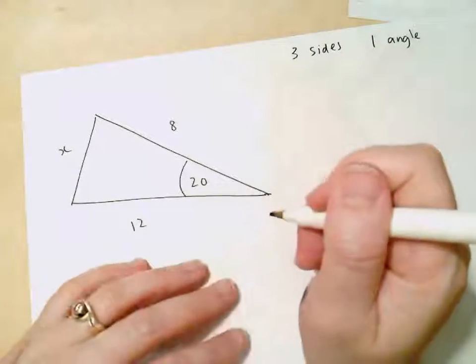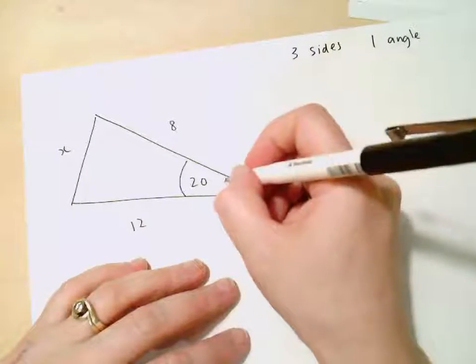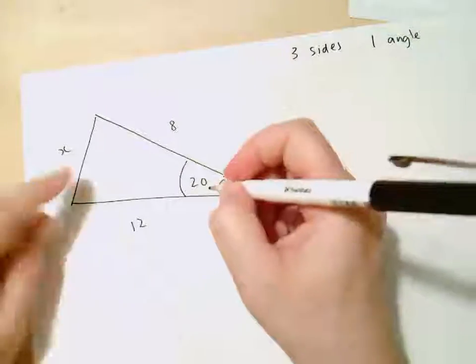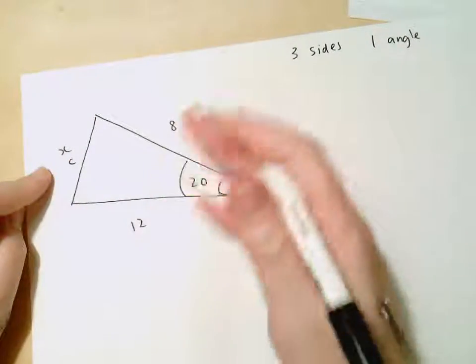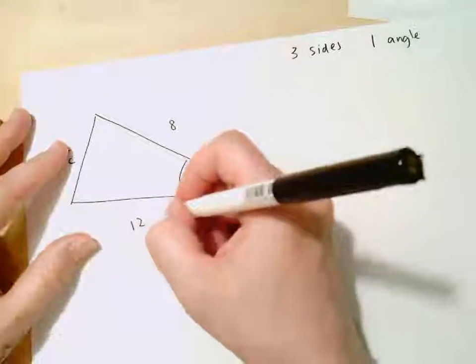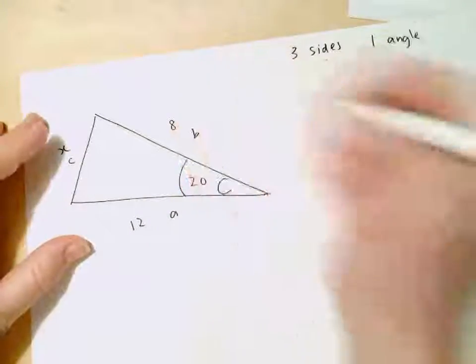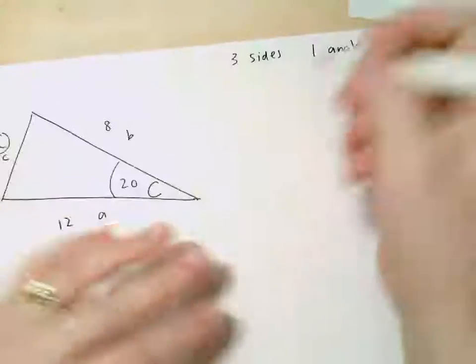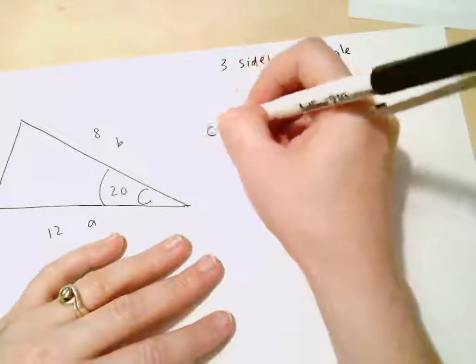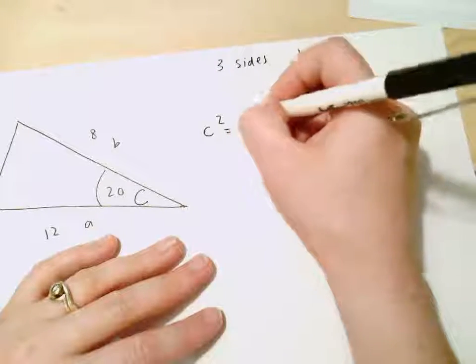So I label this triangle. Remember, my angle is always labelled as capital C, which means that over here, this would be my little c. A and B, remember we said? Doesn't matter which one is A and which one's B. I'm just going to go with this way. I'm trying to calculate a side, and so I know that I'm going to use the form of the rule that looks like this.